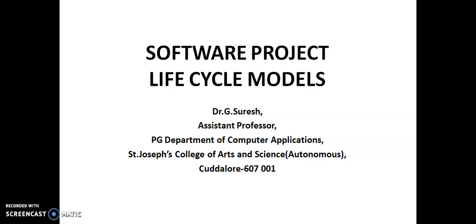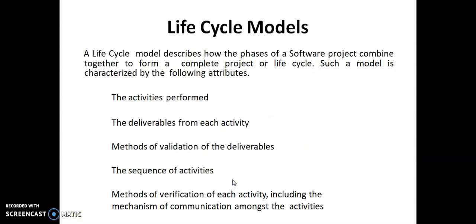In this topic, we will deal with software project lifecycle models. First, we will see what is a lifecycle model. The lifecycle model describes how the phases of a software project combine together to form a complete project or a life cycle.